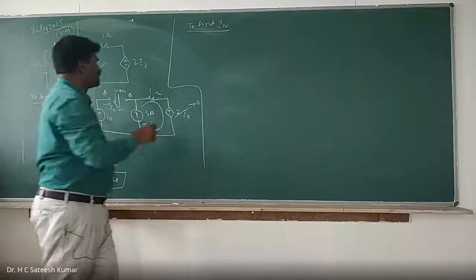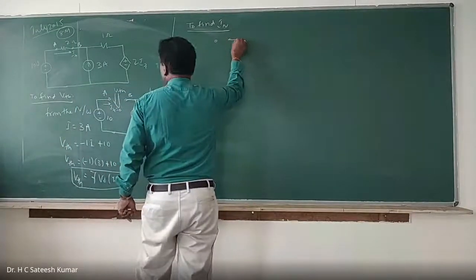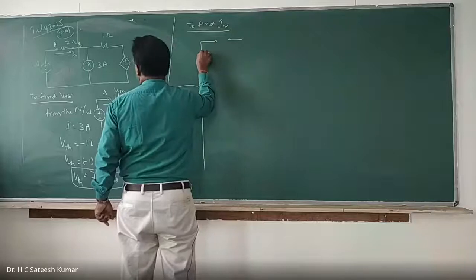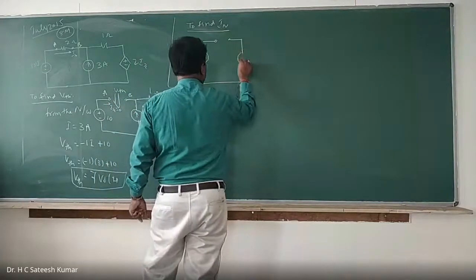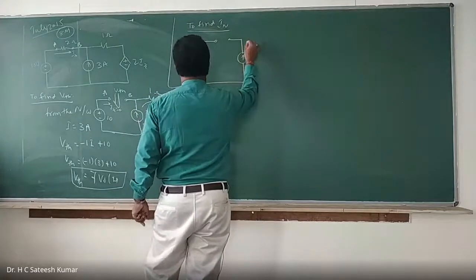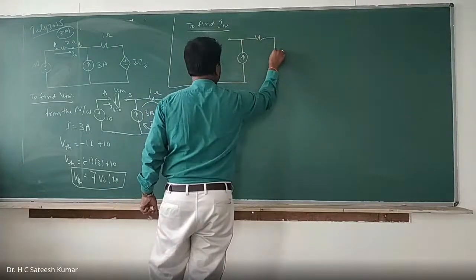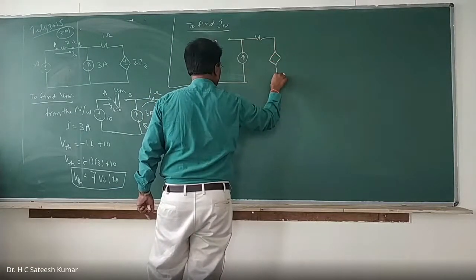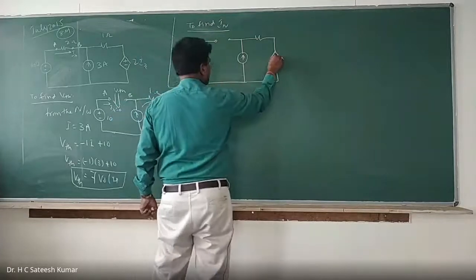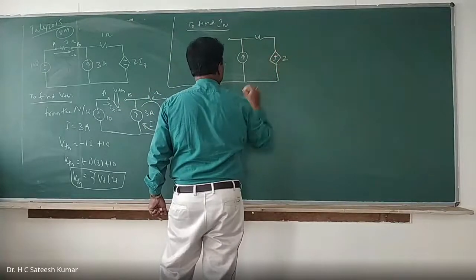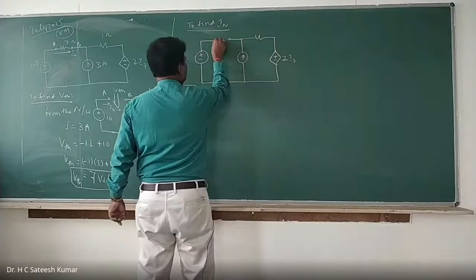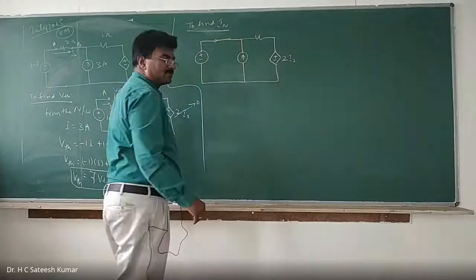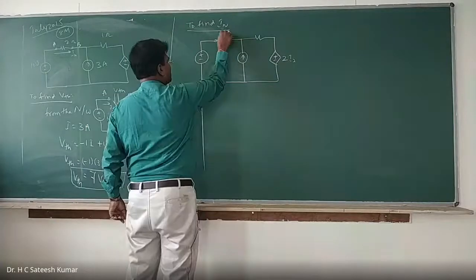Therefore, make this one open, plus minus, and this is the current source. Here we have plus minus 2 Ix. This you short it, and this current I'll call it as IN.